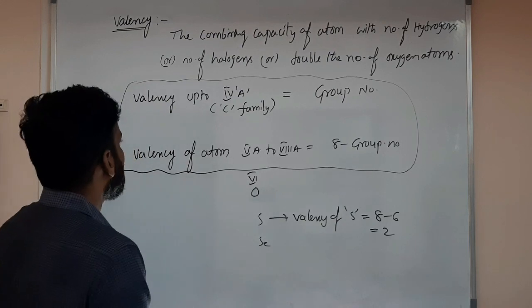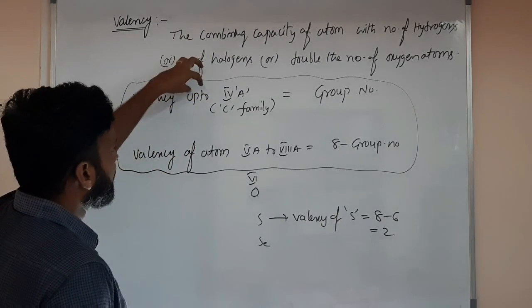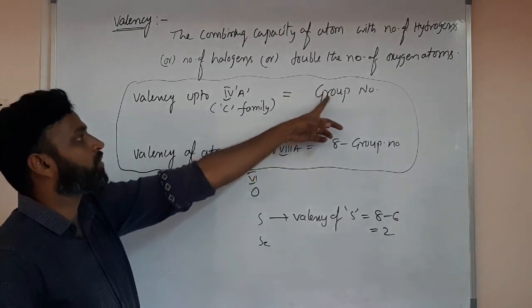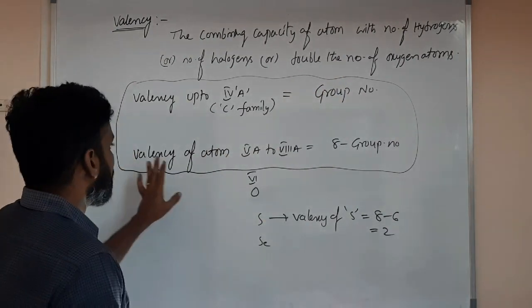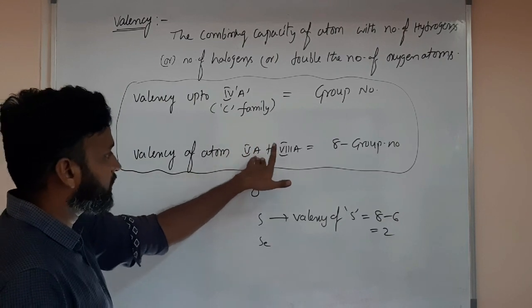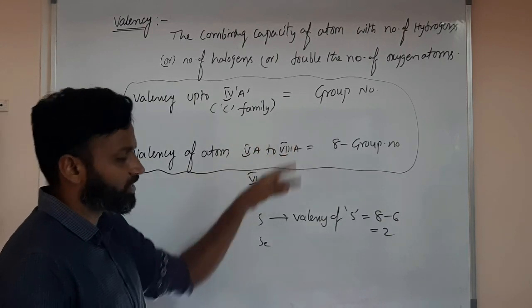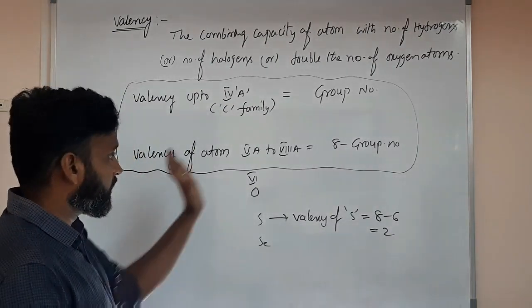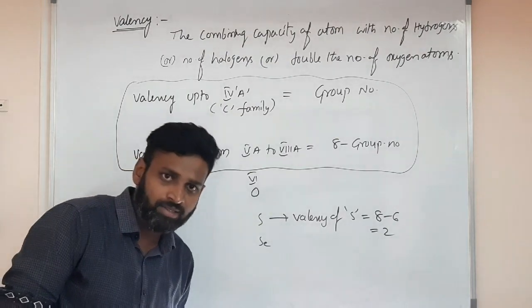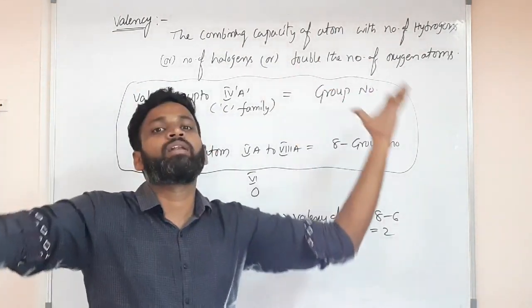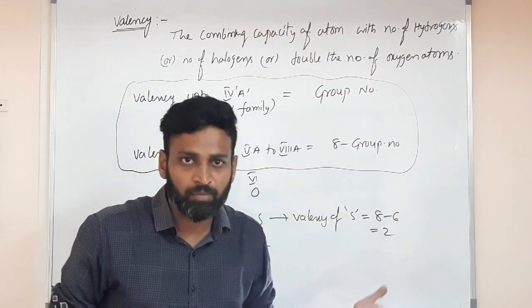So how to get valency? Valency of any atom up to 4A group element, group number is the valency. Valency of an atom present between 5A to 8A, check the periodic table once. S block and P block only, I am talking about valencies. But in transition elements, the valencies are variable. Variable means many valencies are possible.